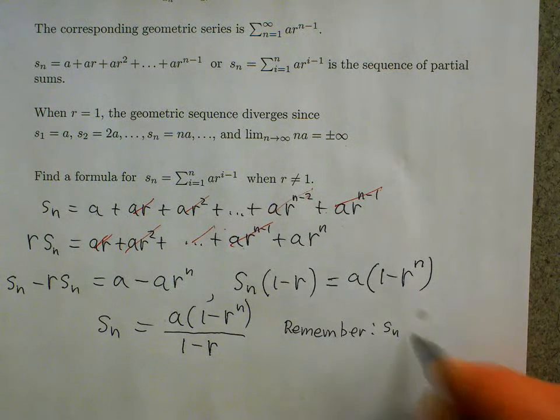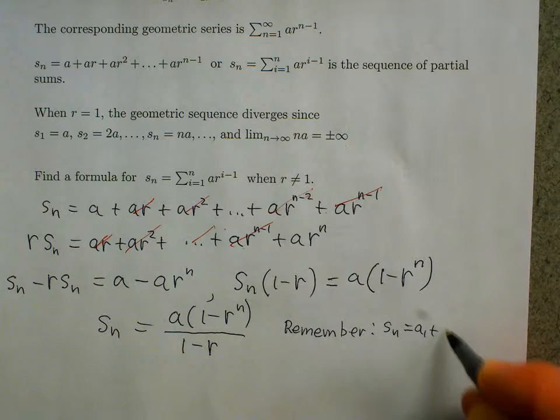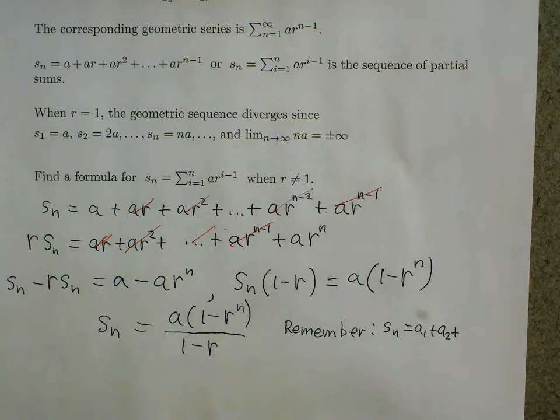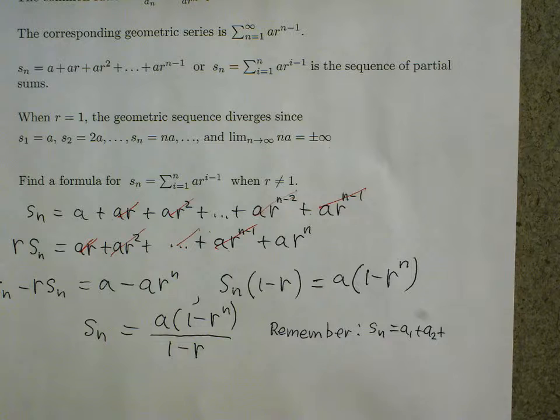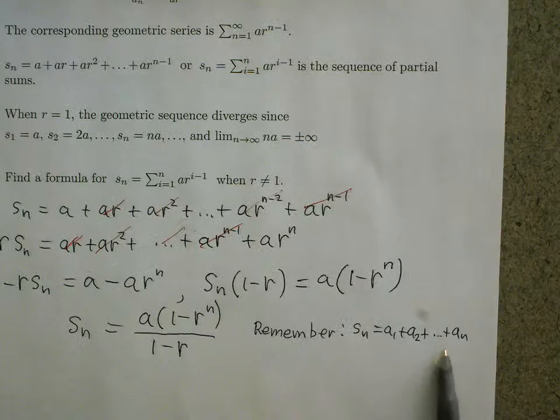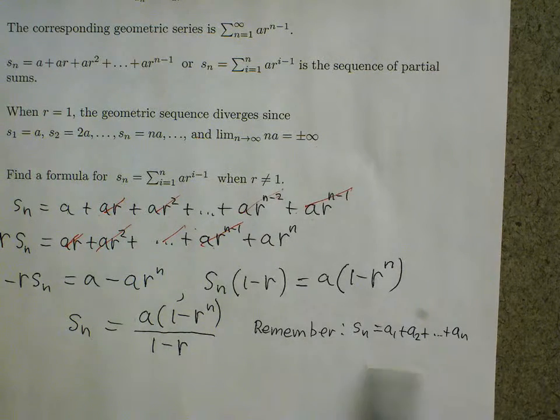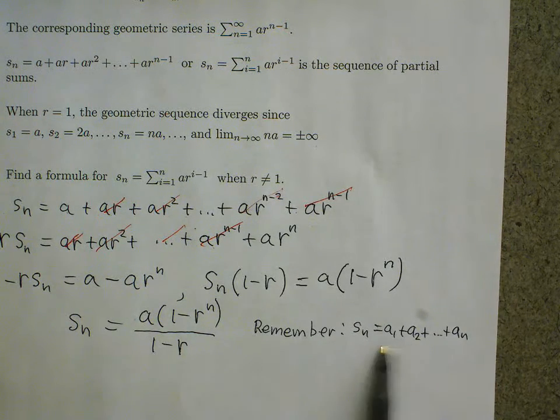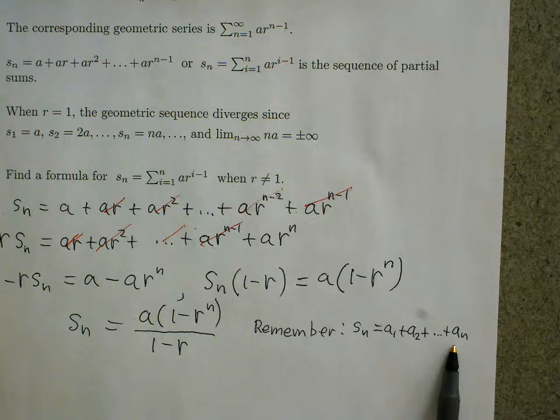S sub n is the sum of the first n terms of the geometric series. I'm just going to refer to those as a sub 1 plus a sub 2 and so on up through a sub n. Okay, so the geometric series will converge when S sub n converges.